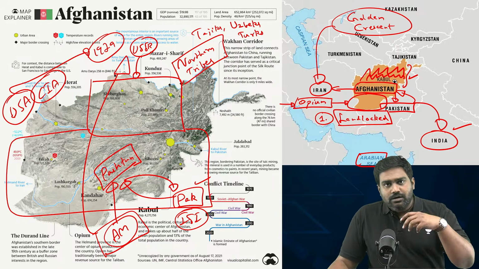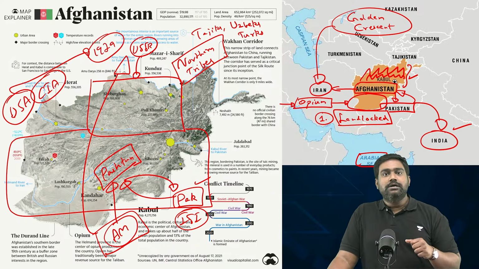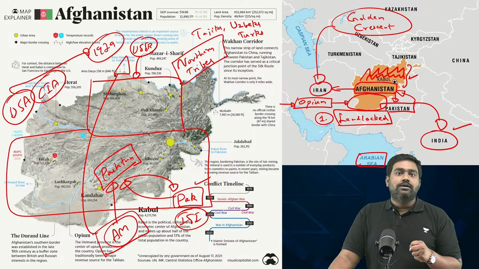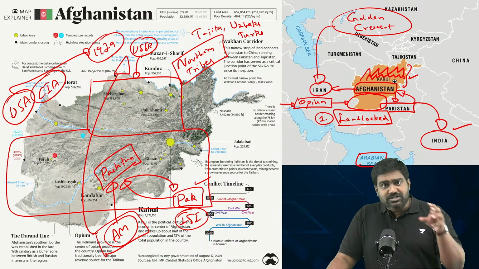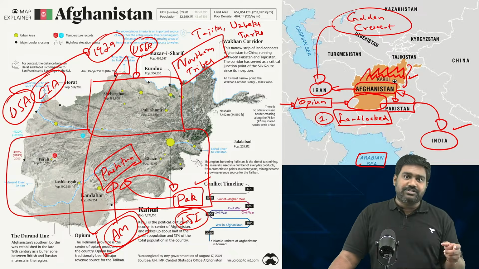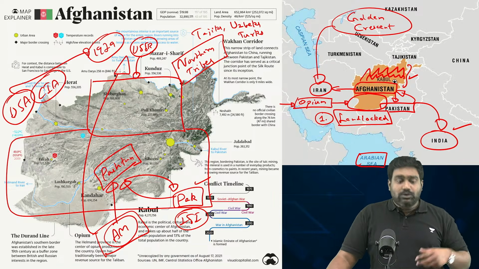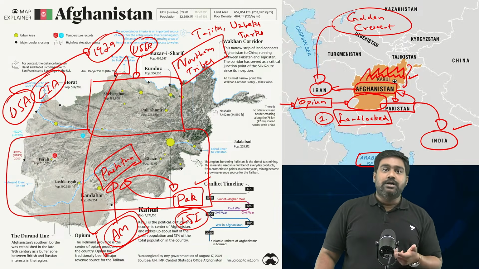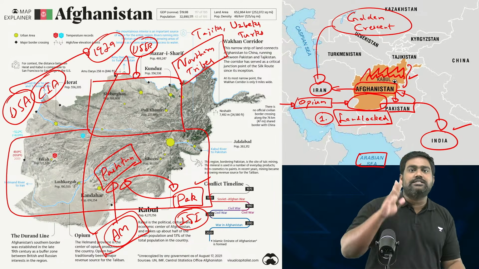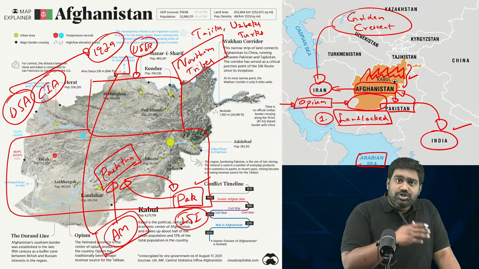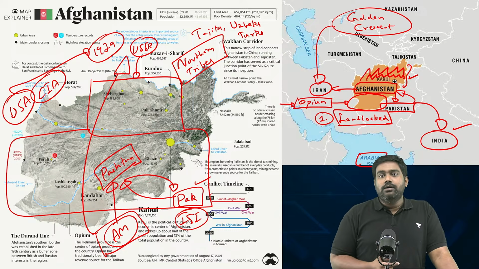To basically counter and challenge the Soviet forces, the Afghan Mujahideen was raised. So religion was misused. Religion was twisted by Pakistan and the US in collusion. Saudi Arabia was also part of the alliance. European countries were part of the alliance as they were all opposed to the USSR. See how geopolitics can play a big role.